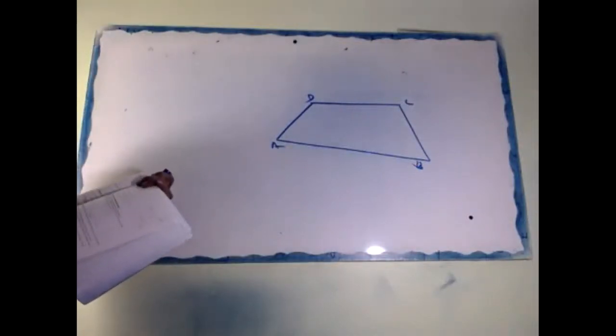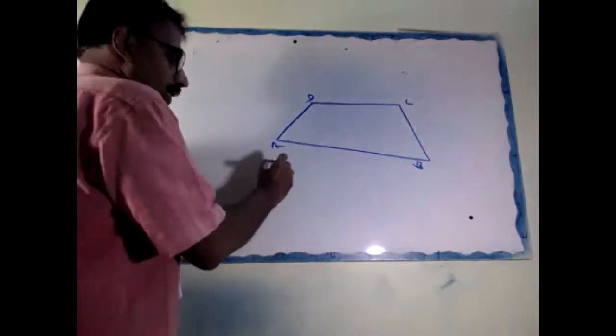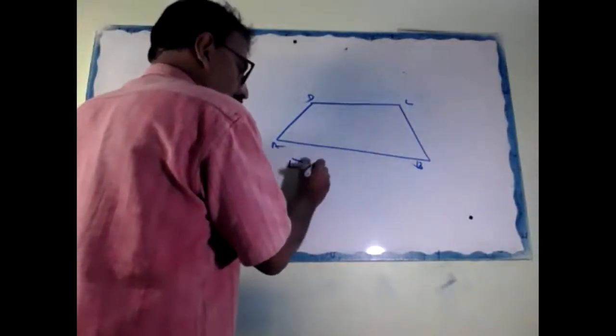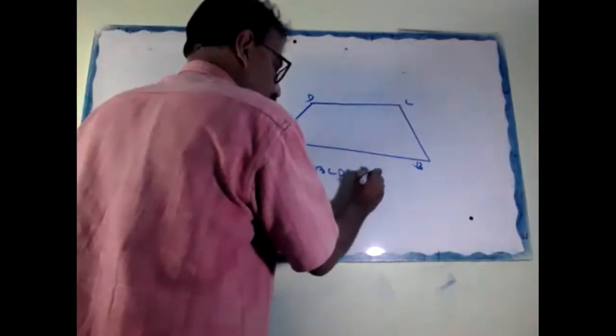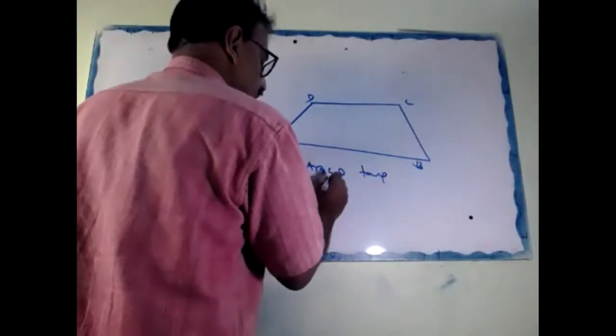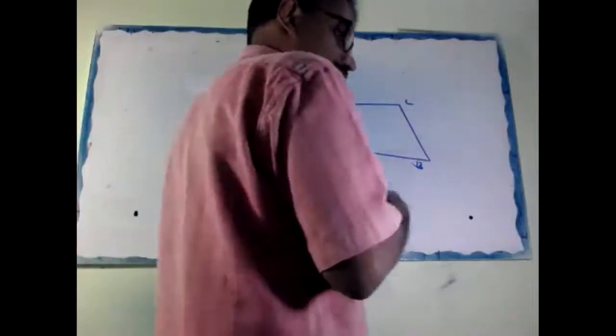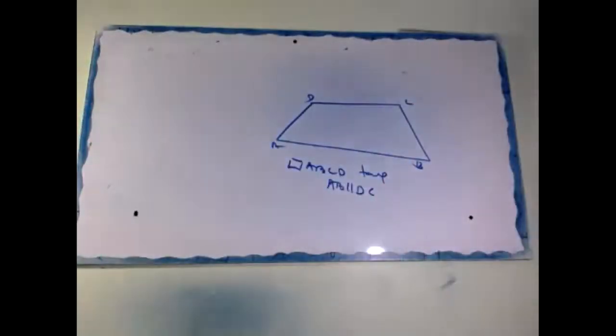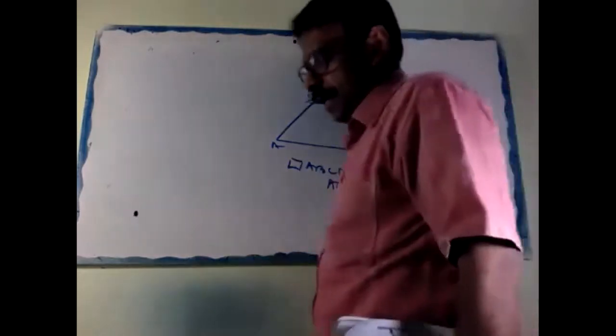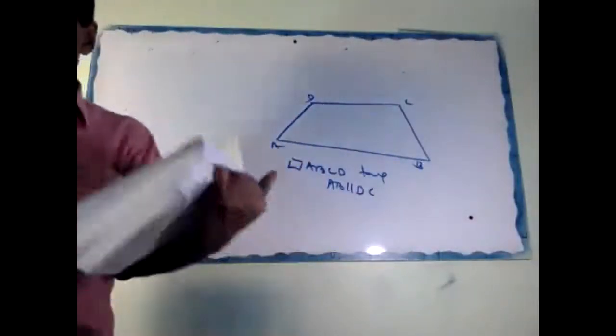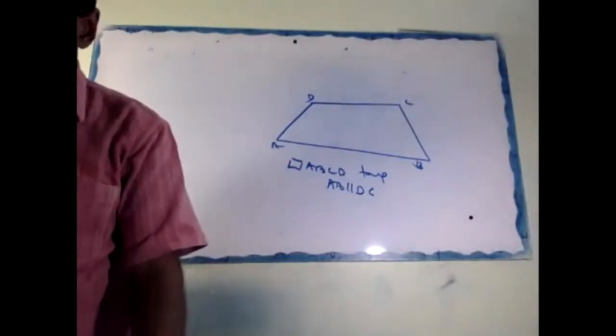Then ABCD is a trapezium. We can write like this: ABCD is a trapezium in which AB is parallel to DC. Listen, different types of quadrilaterals.